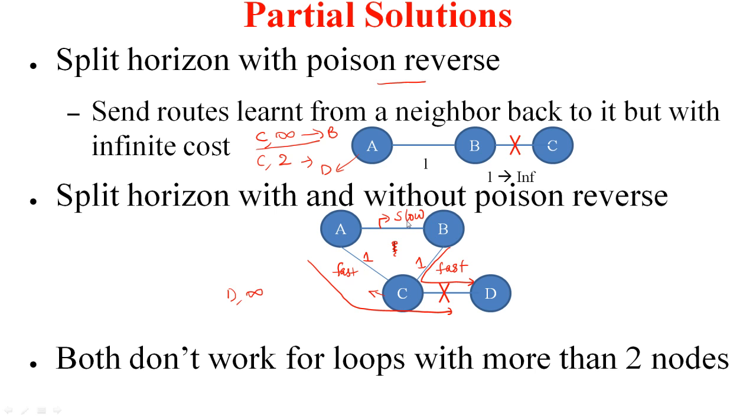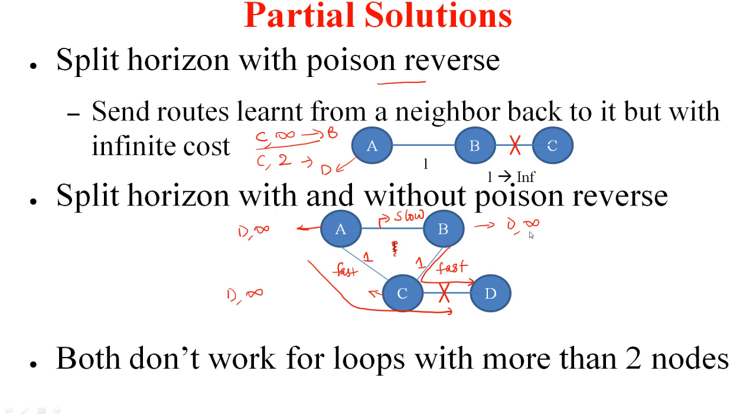So what happens is, on receiving this triggered update, A will set that it can reach D at a cost of infinity because it's going via C. And similarly, B is also going to set that it cannot reach D via C, thereby it will set it equal to a cost of infinity.